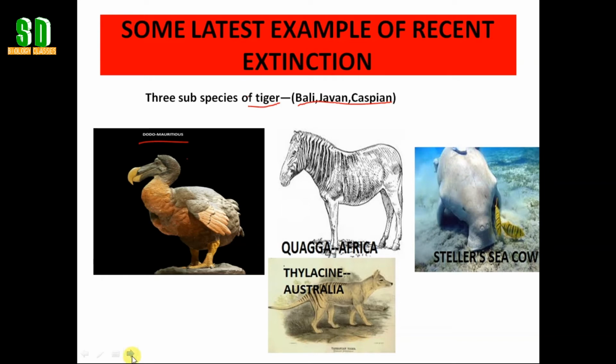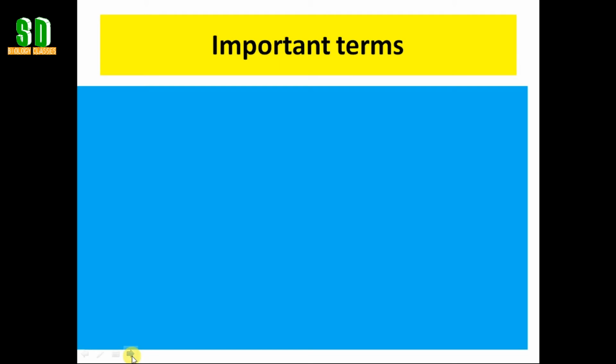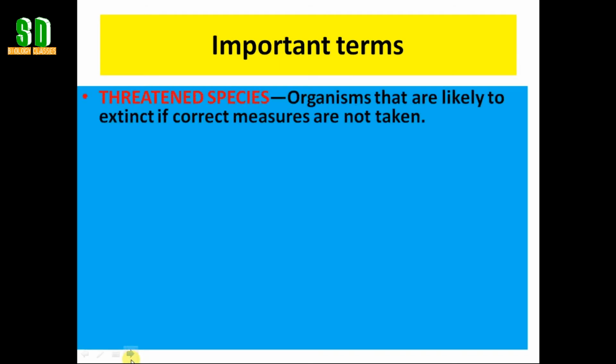Now, before becoming extinct, the animals which are going to be extinct are called threatened species. What is the definition of threatened species? Organisms that are likely to become extinct if correct measures are not taken. That means they are growing in certain environmental conditions that are not favorable to them, and if we do not take correct measures, they will get extinct.